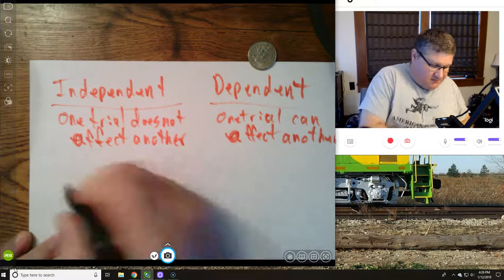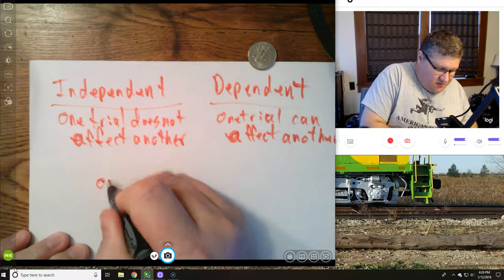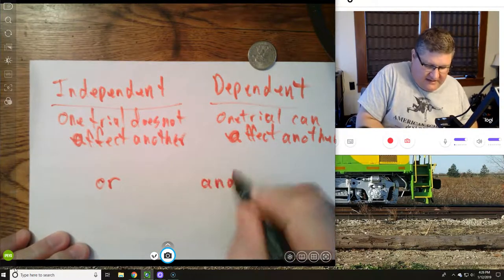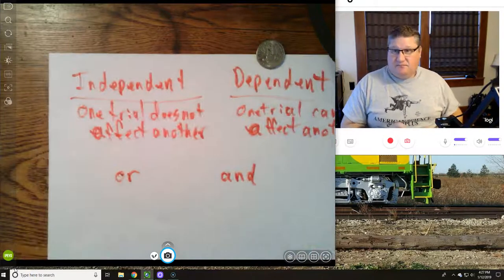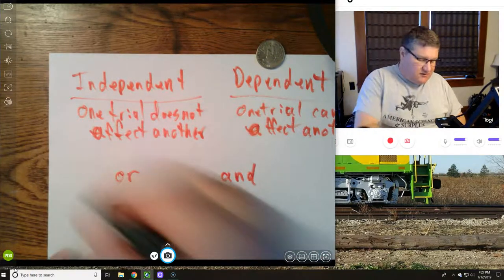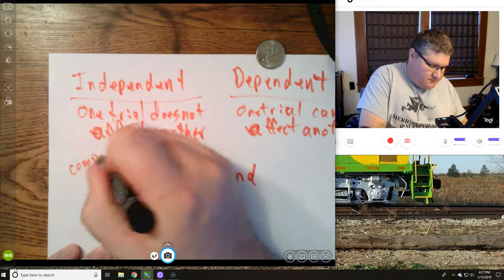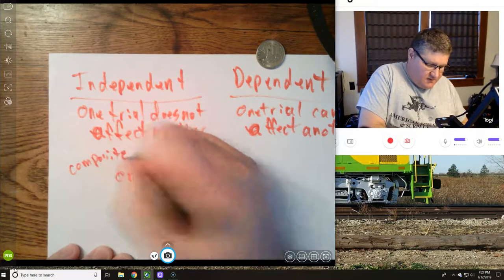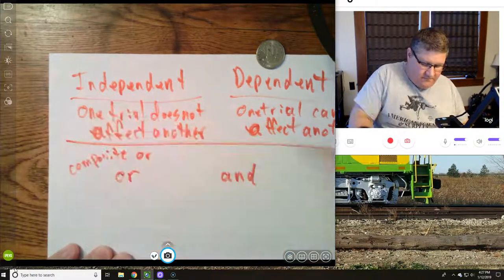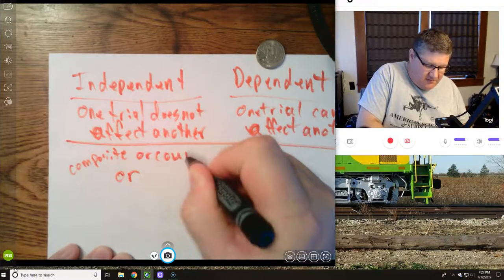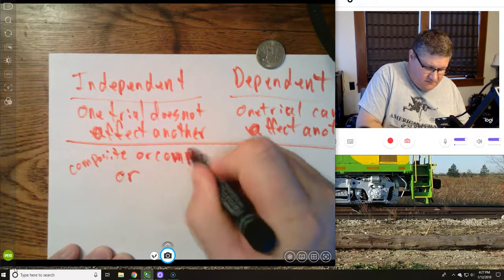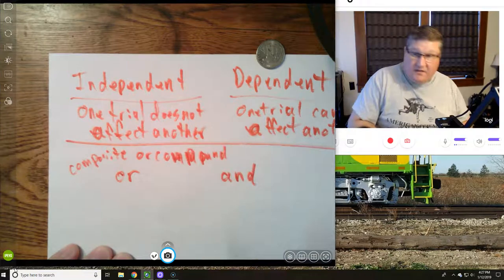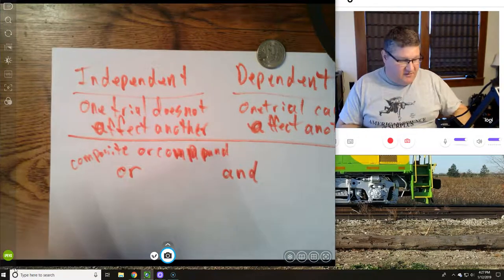This really becomes important when we do or and and. Or and and are called composite or compound probabilities. I need another marker.